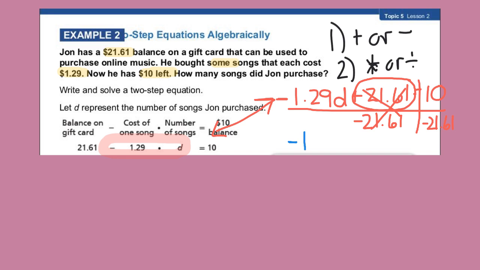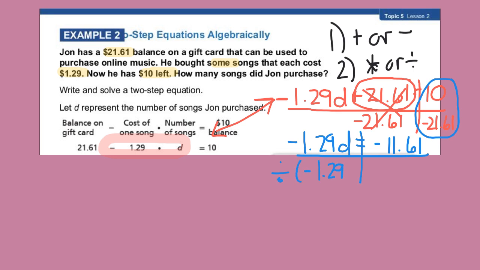I'm going to bring down my negative 1.29d on the left, my equal sign in the middle, and 10 minus 21.61 is negative $11.61. Step 2, the opposite of multiplying by negative $1.29 is dividing by negative, don't drop that, $1.29 on the left and on the right.